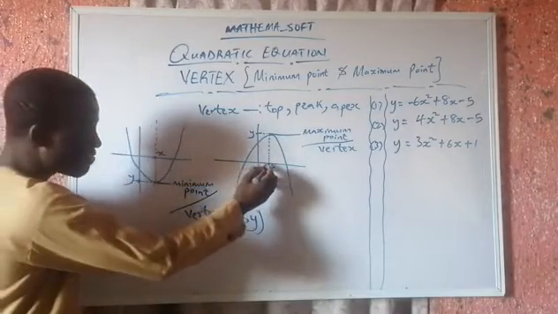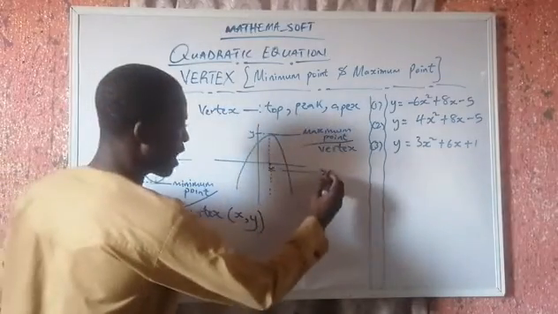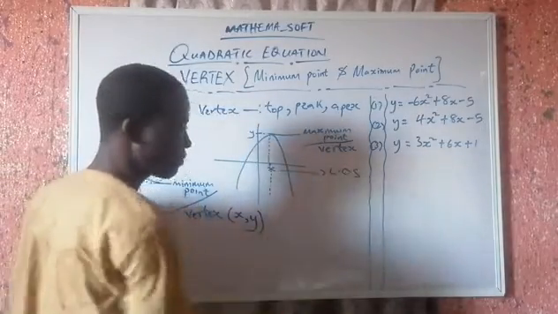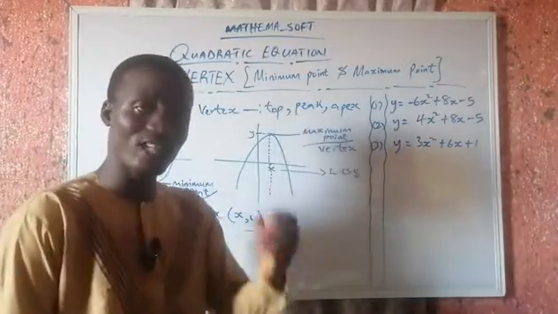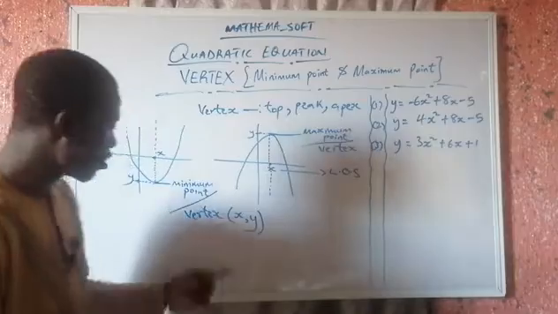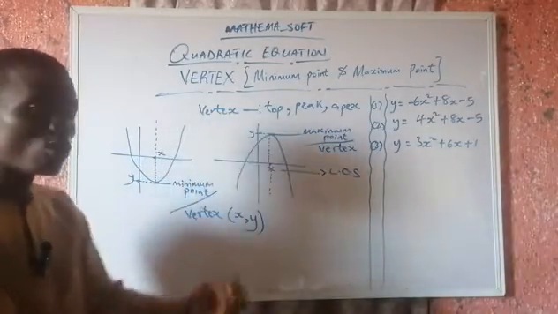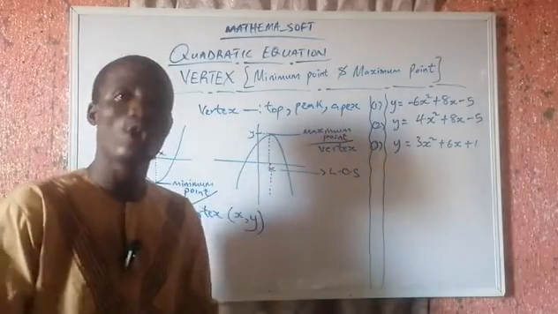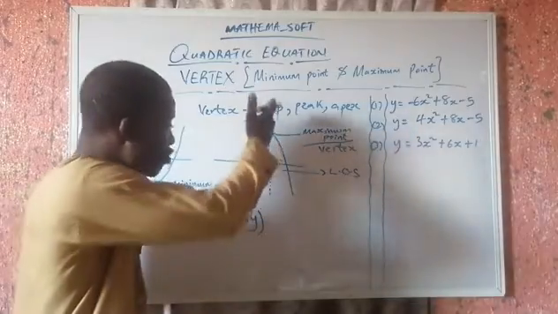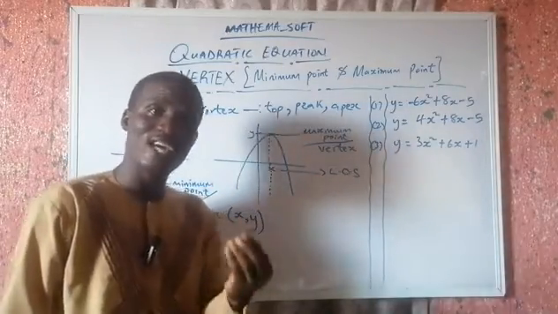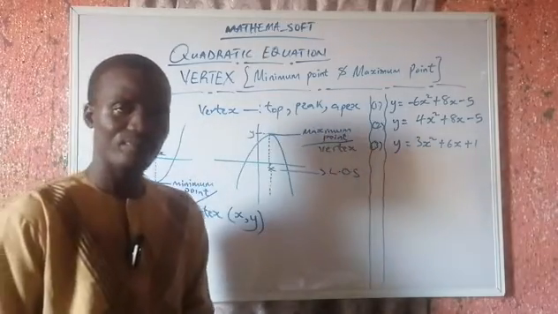The x value that we have here is actually our line of symmetry. So the value of the line of symmetry is the x coordinate of the vertex. I say that again: the value of the line of symmetry, which only has value on the x-axis because the line of symmetry only cuts the x-axis, is the x coordinate of your vertex.